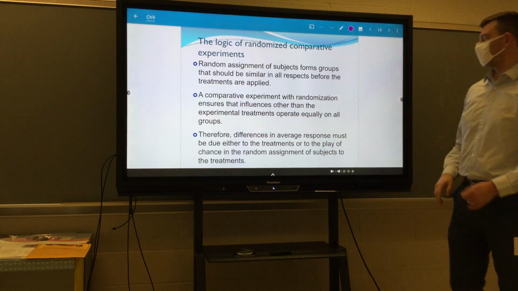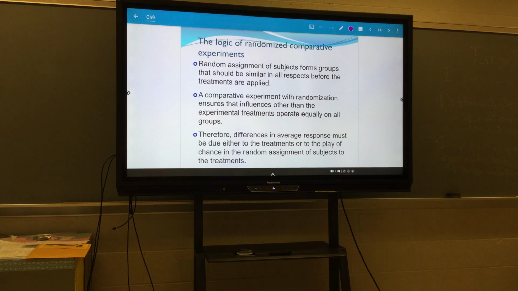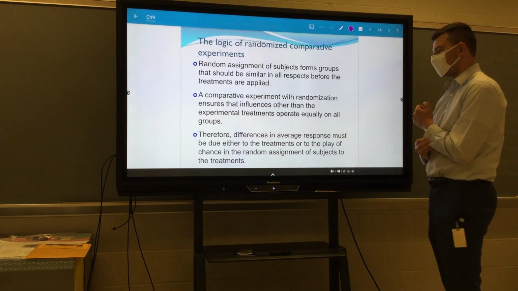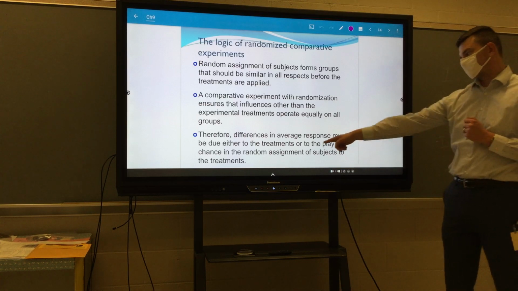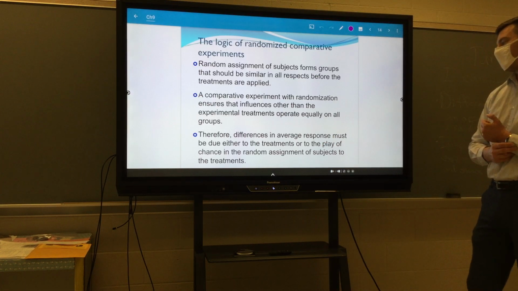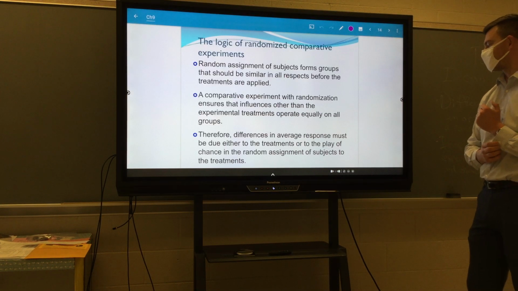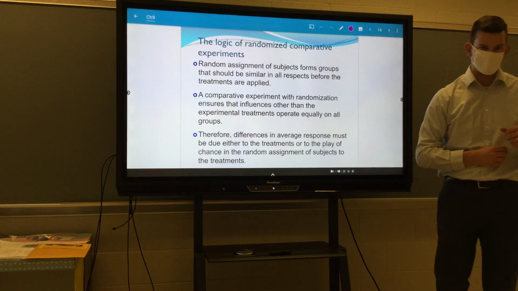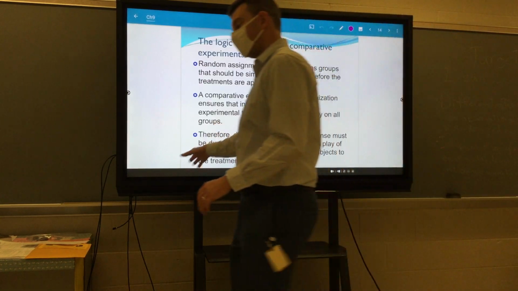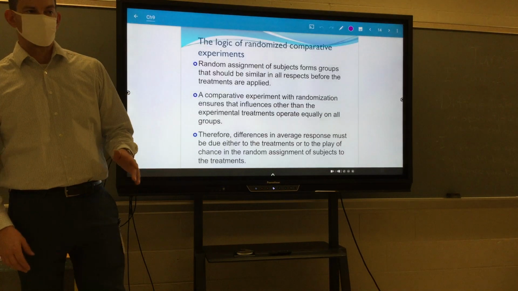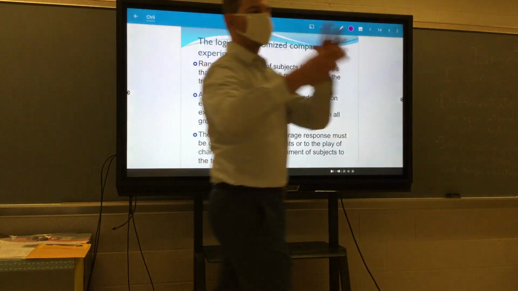A comparative experiment with randomization ensures that influences other than the experimental treatments operate equally on all groups. Therefore, differences in average response must be due to either the treatments or to the play of chance in the random assignment of subjects to the treatments. We saw that even with randomization, sometimes you might get pockets or clusters.